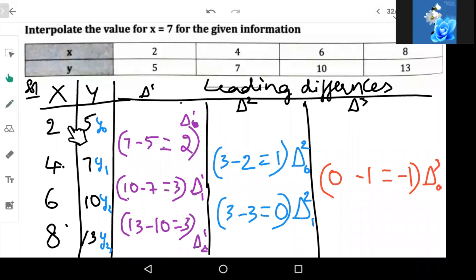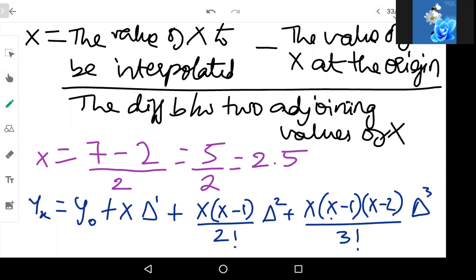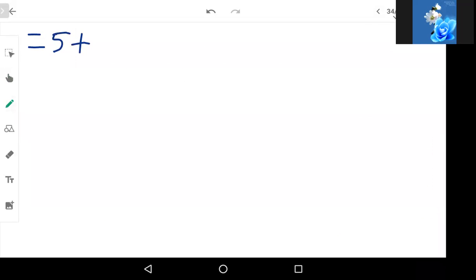Now, if you see here, the value of y0 is 5. So in the place of y0 we will be writing 5 plus, next it says x, so plus 2.5 is x, into first leading difference.